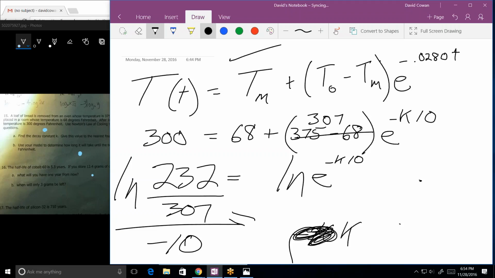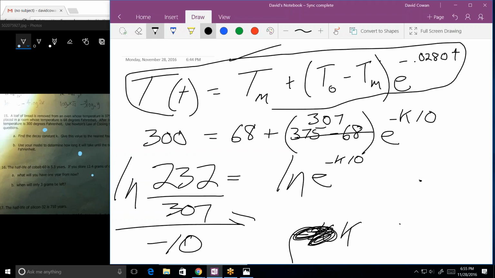Okay. And so there is our equation that corresponds to this model. Not everything is going to be like a loaf of bread. If you had a jar of metal that was in that oven, it's not going to cool off at the same rate as this loaf of bread is.